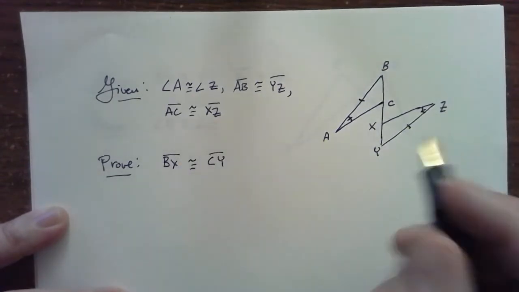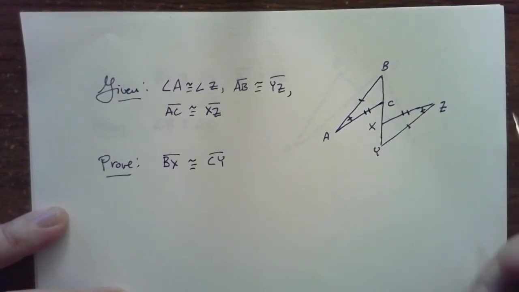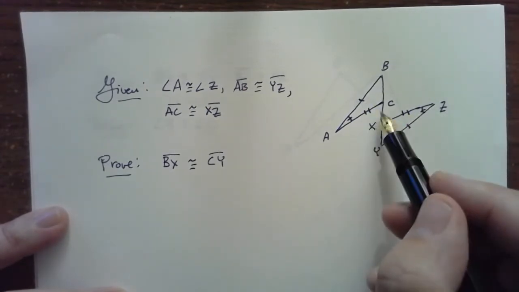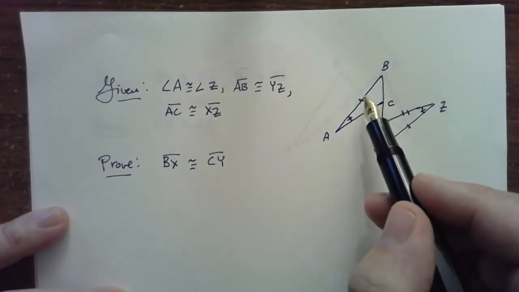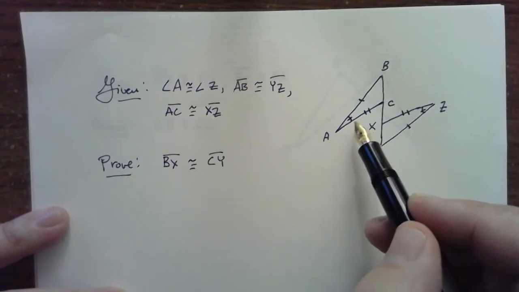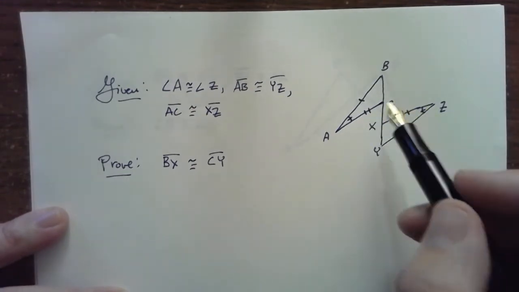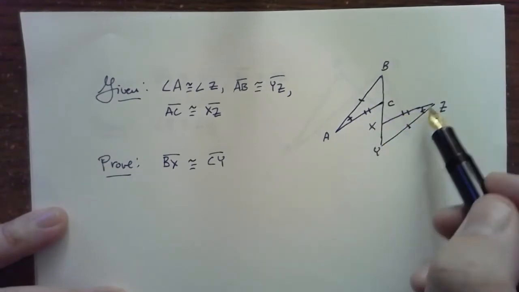AC is congruent to XZ. Well, that's pretty straightforward. I don't have to do anything particularly tricky here at all. I already have marked on these two triangles side, angle, side, and the corresponding set of tick marks over here. And so that means that these two triangles are congruent.